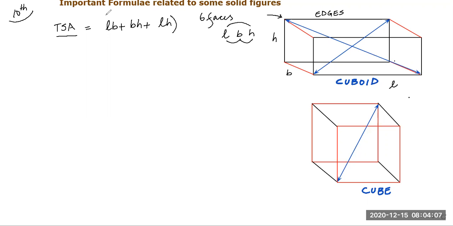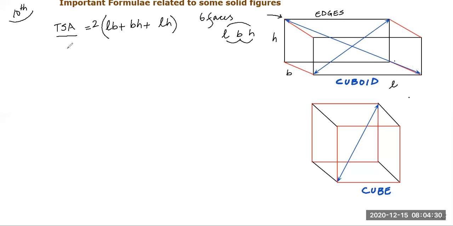This whole multiplied by 2. Why? Because look at this front face, there is a similar congruent face on the back also. So every face has one congruent face like that. Three faces are congruent with the other three faces. That's why the total surface area of a cuboid is 2 into (LB plus BH plus LH).